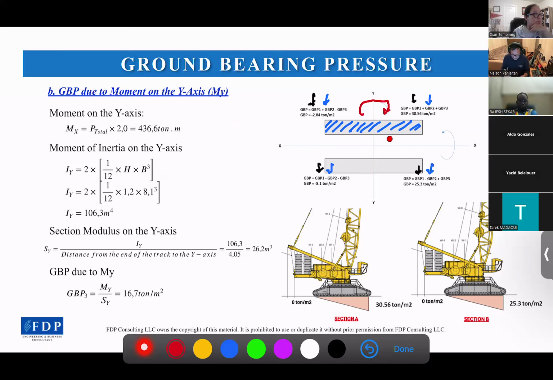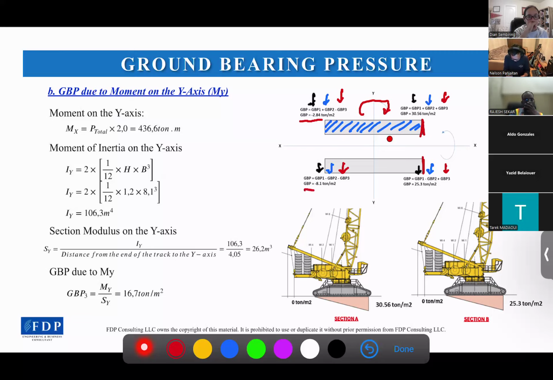Then the GBP3 at this side gives more pressure, so I put the GBP3 here as positive, while the rear tracks are negative. So we combine all together. At the rear, I get minus 2.84 tons per square meter. This one.